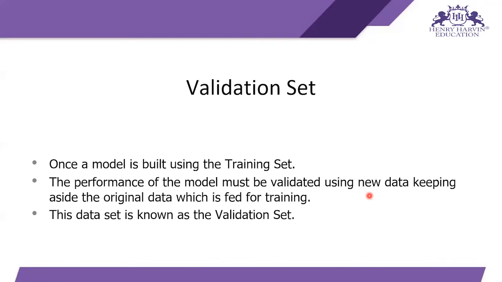From that 70%, that means from those 7,000 rows, you take 1,000 rows for validation and 6,000 rows for training. Keep in mind that the 1,000 rows which you use for the validation set will not go into the training part, will not be fed into the training model.